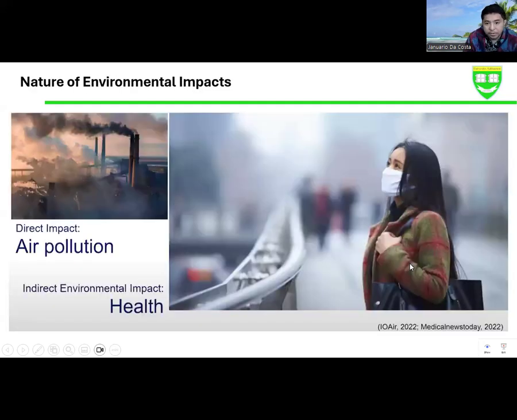And then the nature of the environmental impacts. For example, a big example of a direct impact is air pollution, and an indirect impact is health.